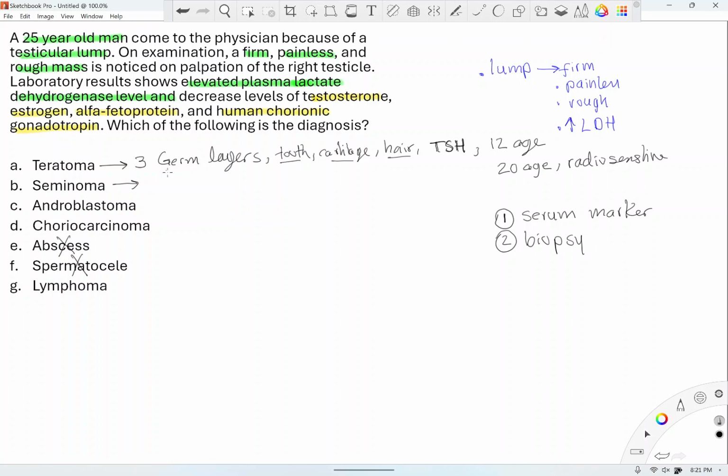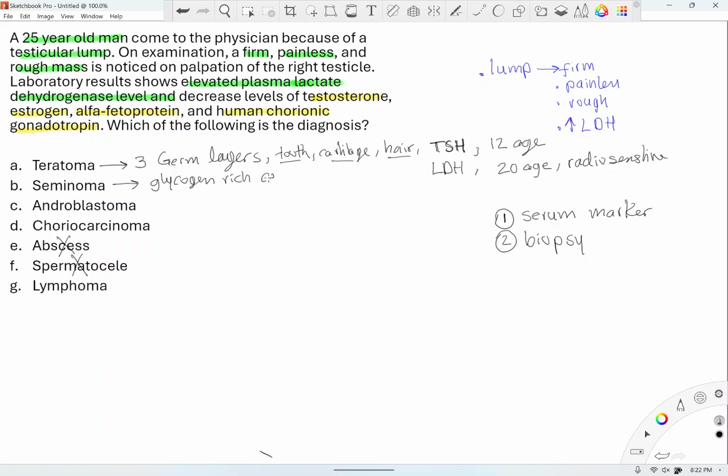So in seminoma, what are we looking for? The marker you look for is LDH, lactic dehydrogenase. And with seminoma you can find mature tissue. Usually on biopsy of the testes in seminoma, you'll find glycogen rich cells.